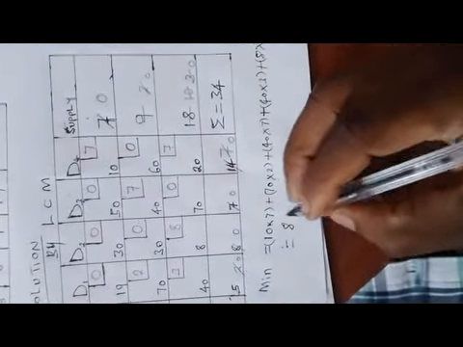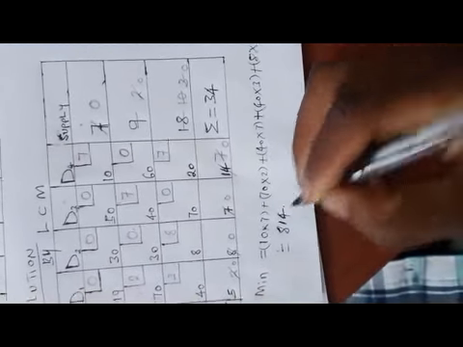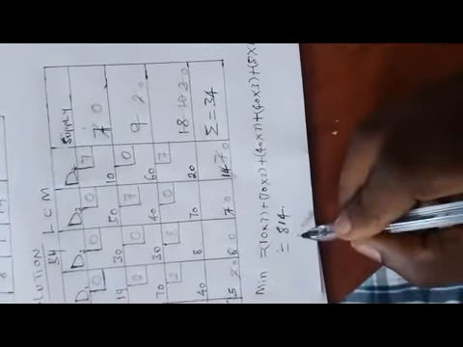So when you multiply this and add, you'll arrive at 814. So this is the minimum cost.